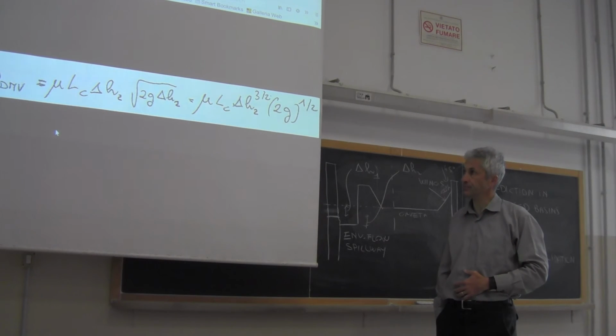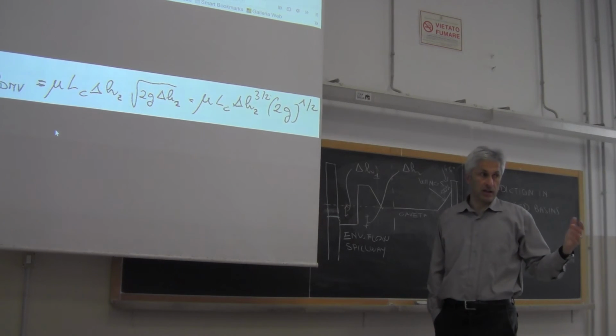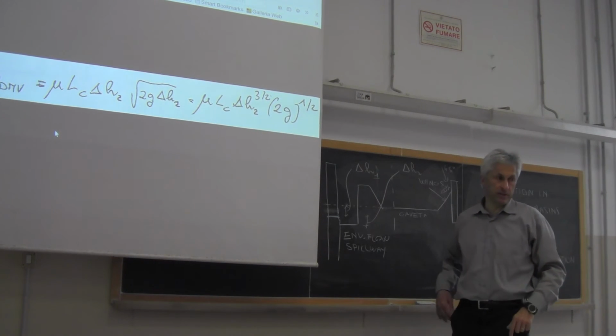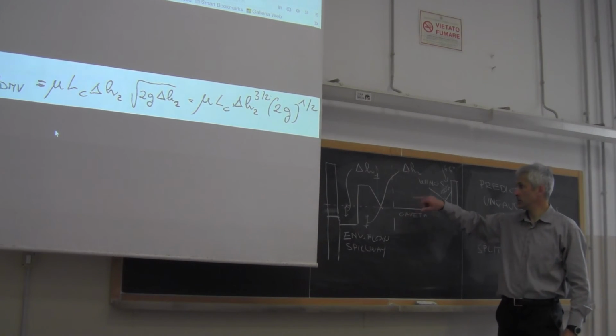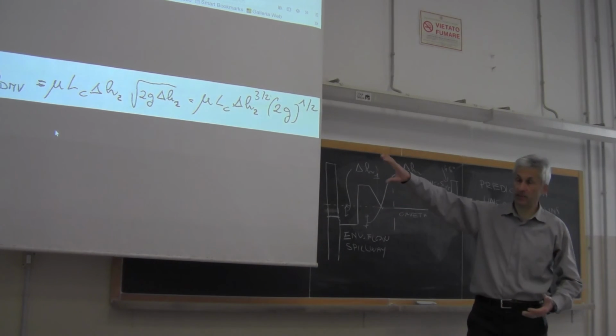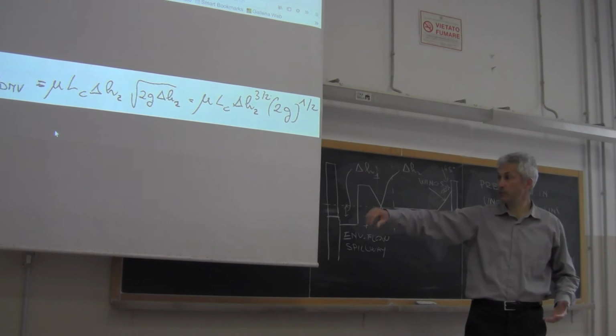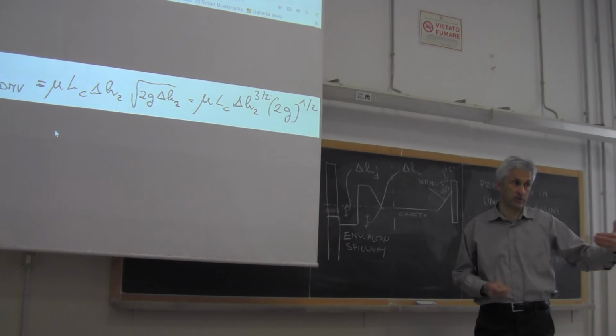A similar relationship will be used for computing delta H1, but instead of the environmental flow on the left-hand side, we will put the design flow, which is the flow to be diverted.